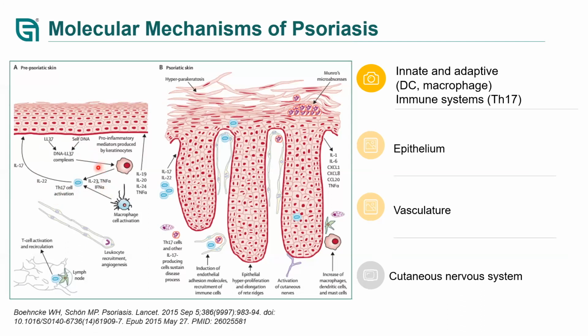Overstimulation of the IL-17 axis with IL-22 and other cytokines can trigger the production of inflammatory mediators, including antimicrobial peptides secreted by keratinocytes. Some of these molecules may function as autoantigens, including double-stranded DNA or RNA.